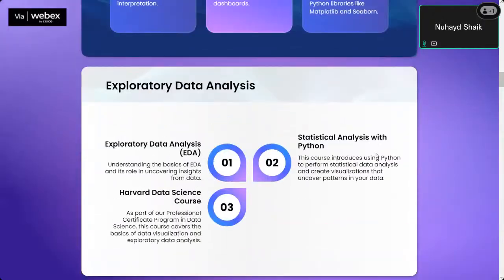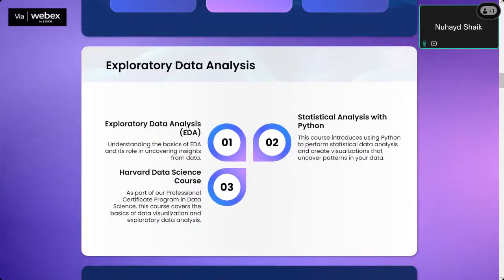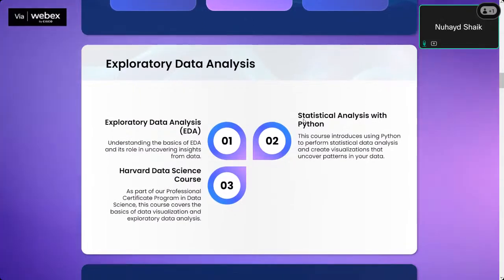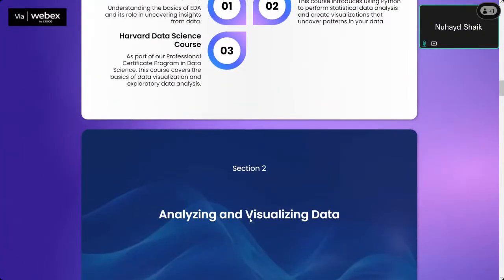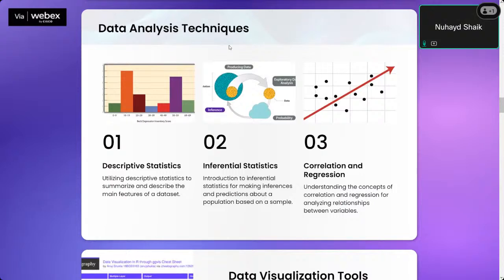Okay, now coming to exploratory data analysis, we will be understanding how to analyze data and how to statistically analyze data. Now I will be showing you some data analysis techniques which can tell you how to visualize data, right? So the first one is descriptive statistics.